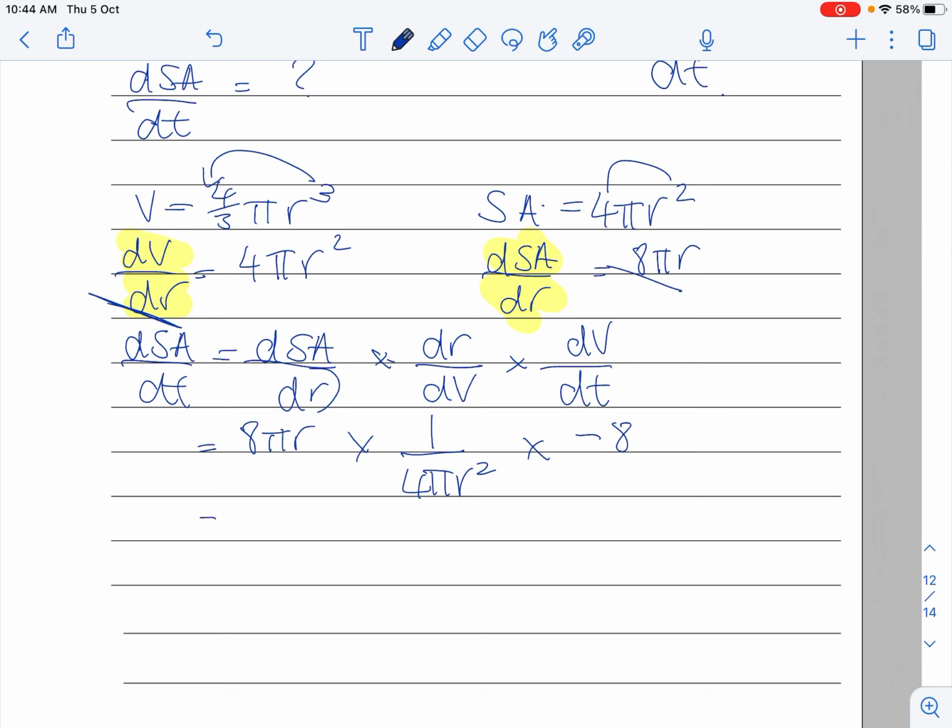Okay, if we tidy all of that up, pi's cancel out. One of these r's cancel out. Okay, and so we end up with 1 r on the bottom line. We've got a negative. 8 times 8 is 64, divided by 4 is 16. So we end up with negative 16 over r, and that's our dSA by dt.